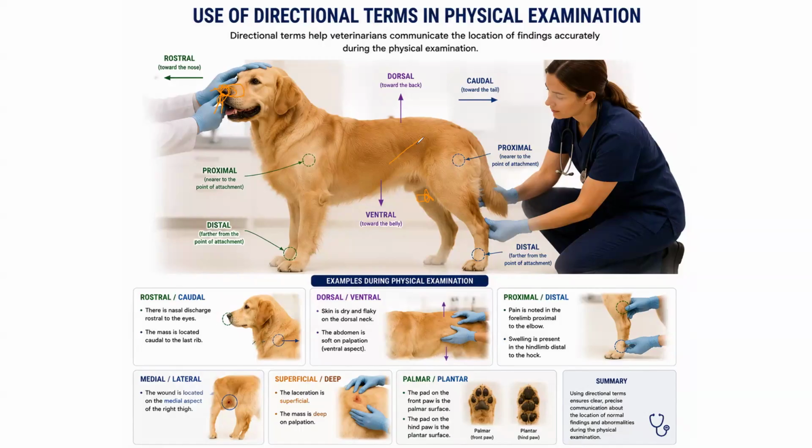Because if you cannot locate any findings that you have made or that you have observed in the animal's body properly and accurately, then you see you are having a long problem and you have a long way to go. So this is among the reasons why directional terms is important.